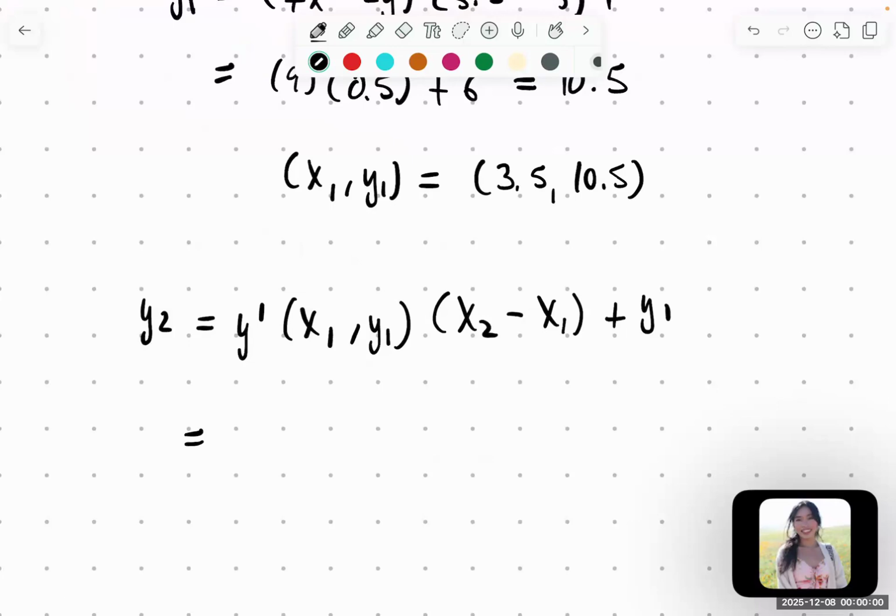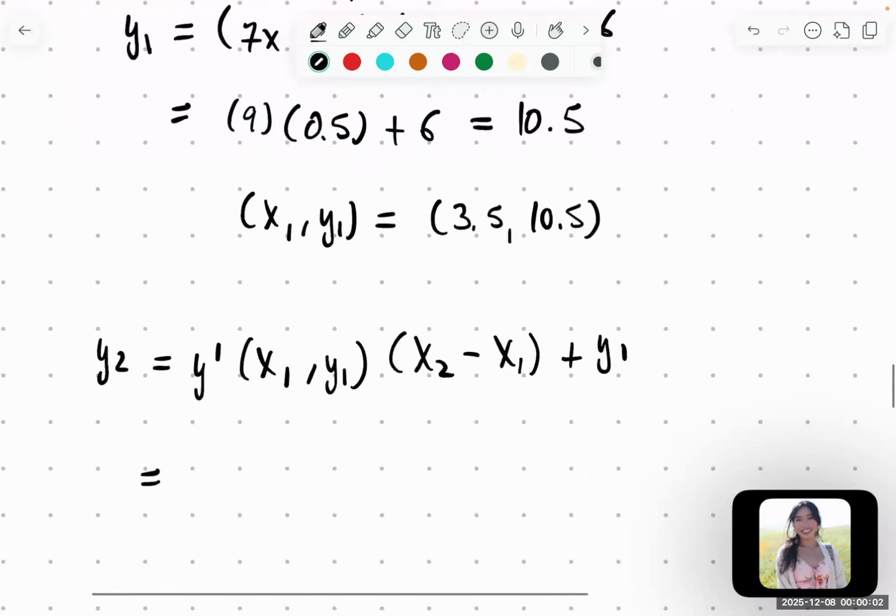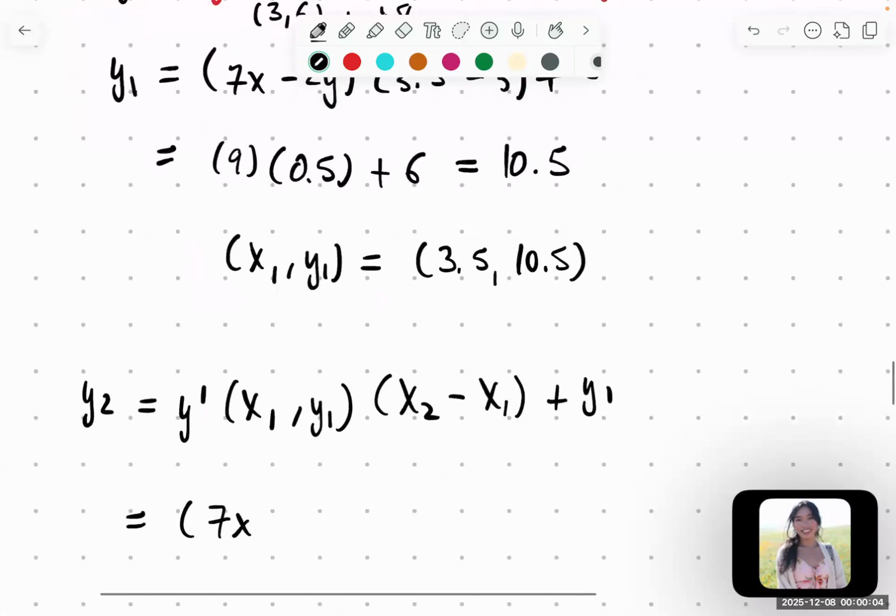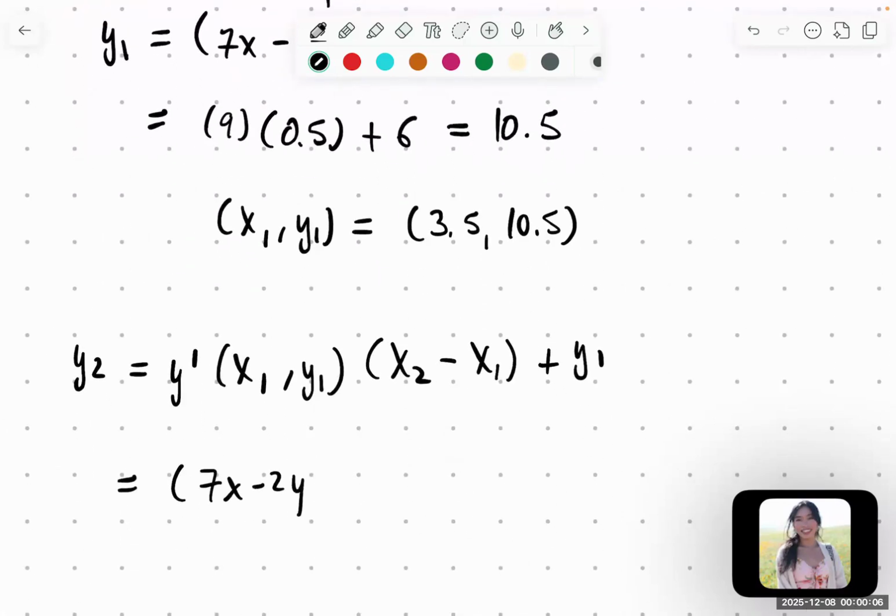And then we are going to do the same thing, which is 7x minus 2y. And we are going to plug in our, let's see, x1, yeah, we're going to plug in our 3.5 and our 10.5.